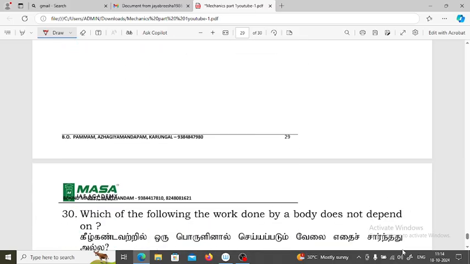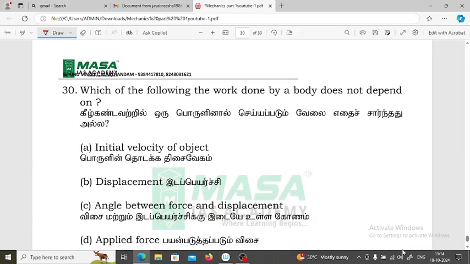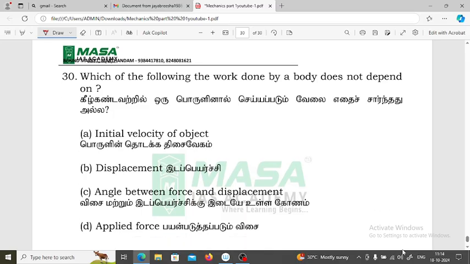Last question, 30th question. Which of the following the work done by a body does not depend on? They have asked the same question here, but just changed the options in the answer. First option, initial velocity of the object. We have to discuss W is equal to F dot s, Fs cos theta.